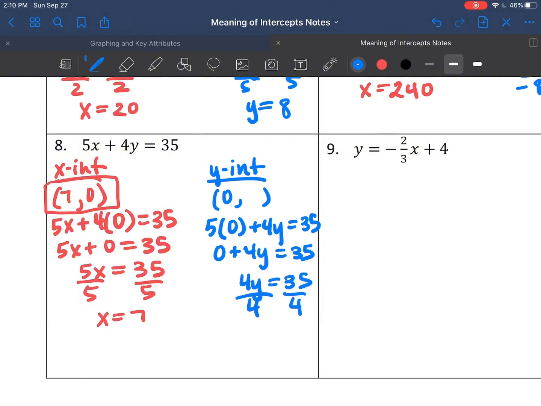Divide both sides by 4. That's 8.75. And so our y-intercept is 8.75.